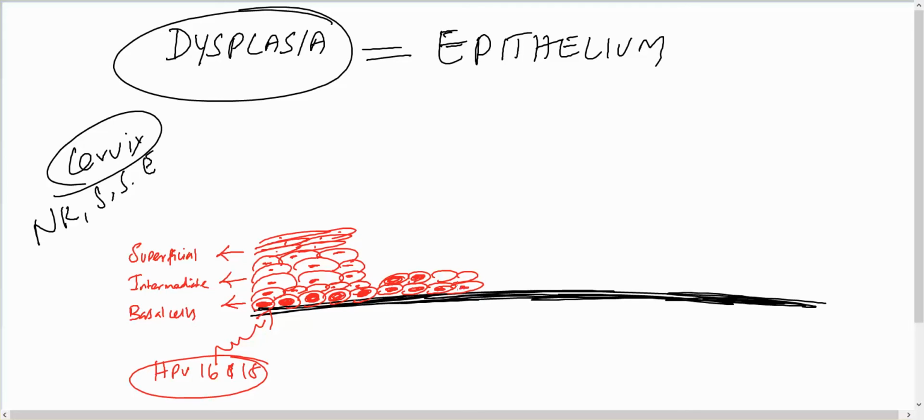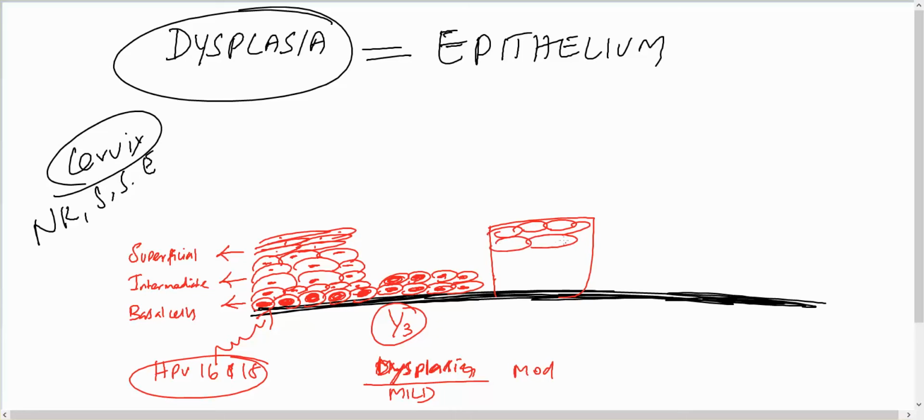If it is increasing to one-third thickness, it is called dysplasia, but it is only one third, so it is called mild dysplasia. If it increases to two-third, it is called moderate dysplasia. If it increases to complete thickness, it is called severe dysplasia.